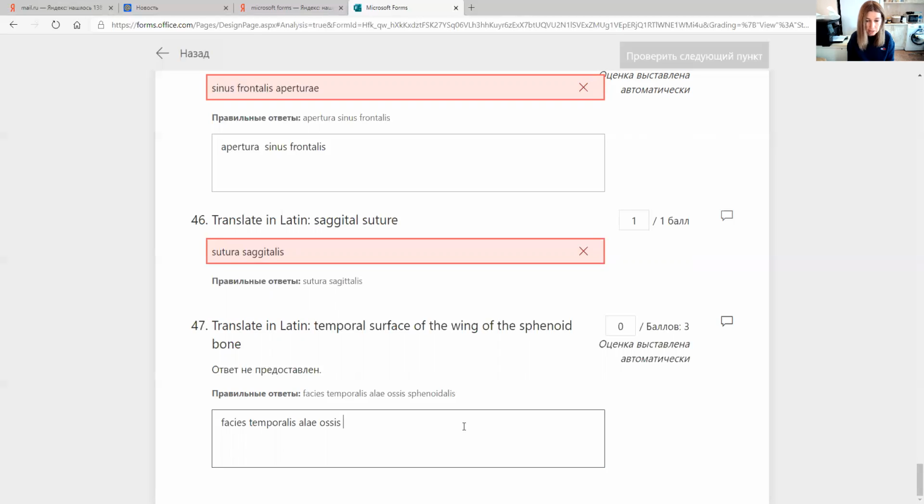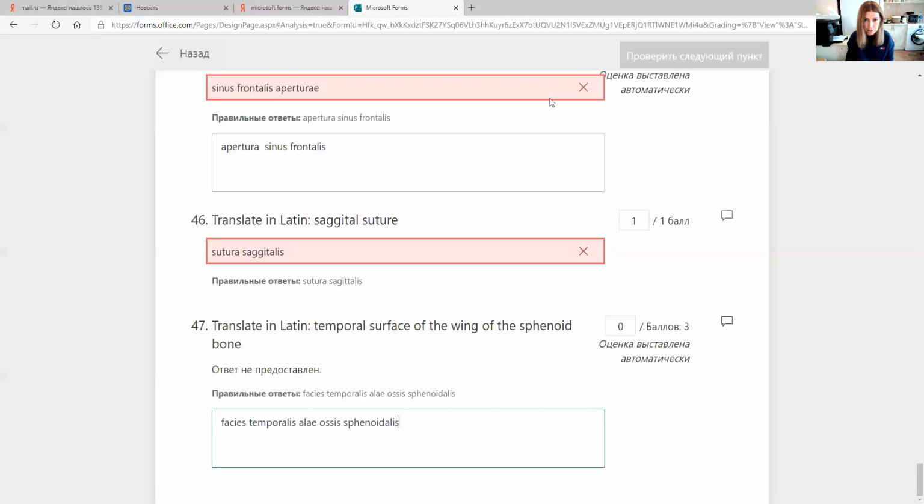Os is neuter, but here we see that ossis is in genitive case, so we should use the genitive form, and the genitive form for sphenoidale will be sphenoidalis. And we will get facies temporalis alae ossis sphenoidalis. Please pay attention that sphenoidalis is in genitive case because it refers to ossis. Ossis is a genitive case. That's why the adjective will also be in genitive case. Adjectives just copy all characteristics of the noun.